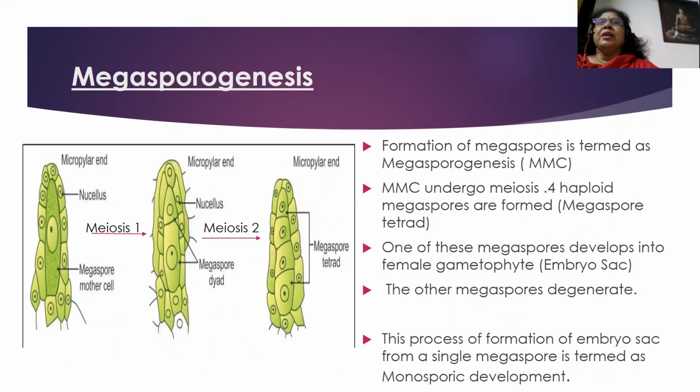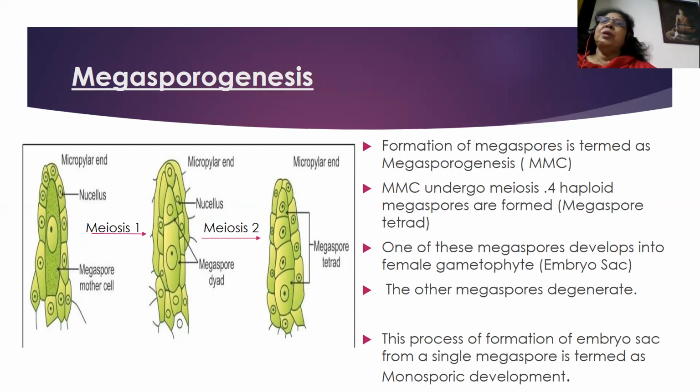Now let us understand how the female gametophyte or the megaspore is being formed. As I told you just now, inside the nucellus, one of the cells enlarges, if you can see over here, which is known as the megaspore mother cell. This megaspore mother cell undergoes meiosis 1 to form two haploid megaspores.